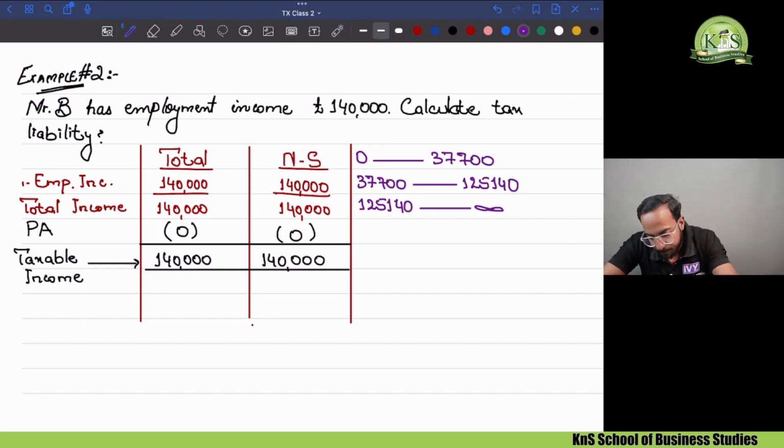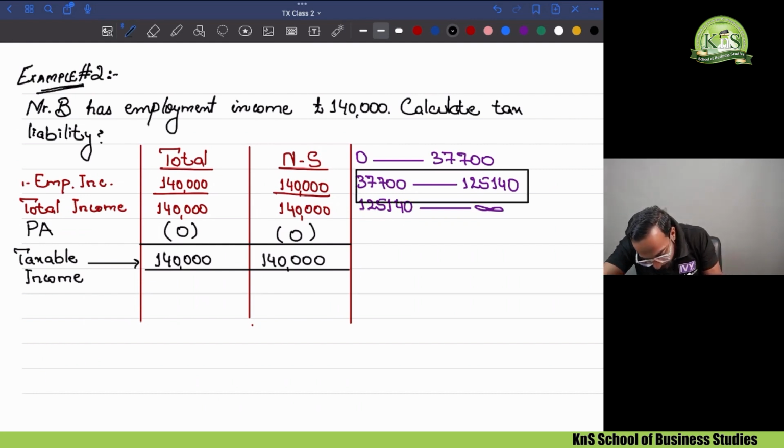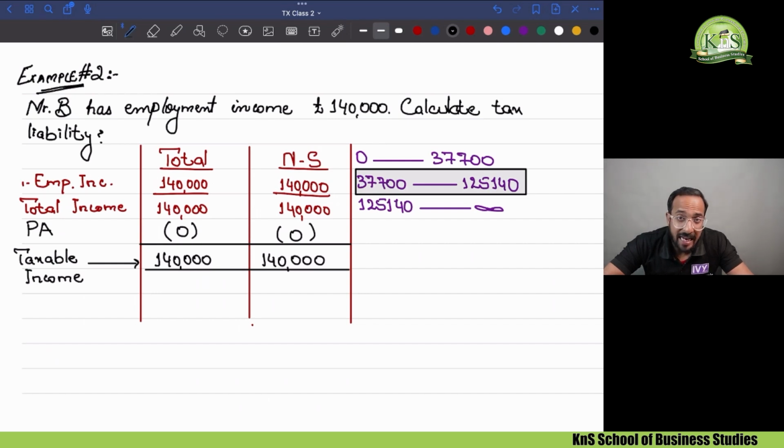Now make sure this second slab has a limit.